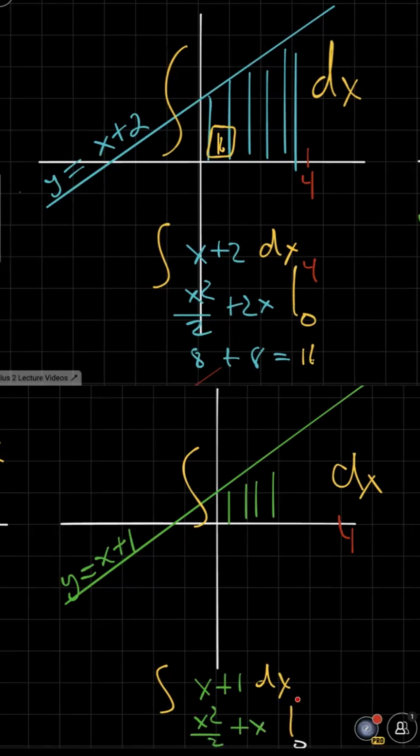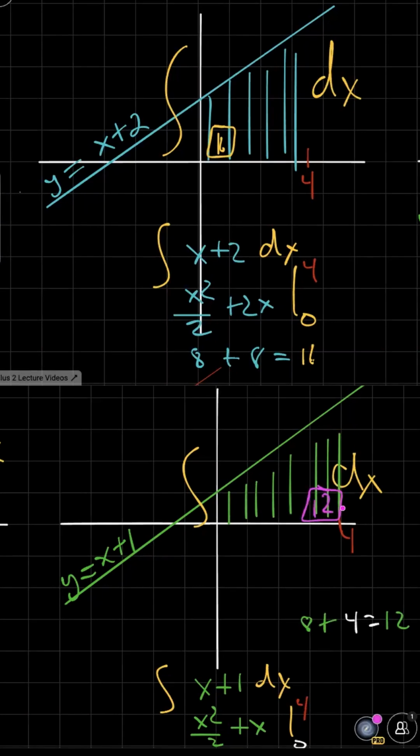And then of course the first part is similar, that's also 8, and then instead of plus 8, it's going to be plus 4. So here we have 8 plus 4. So now we know the area underneath the green line from 0 to 4, this entire area here, is equal to 12.